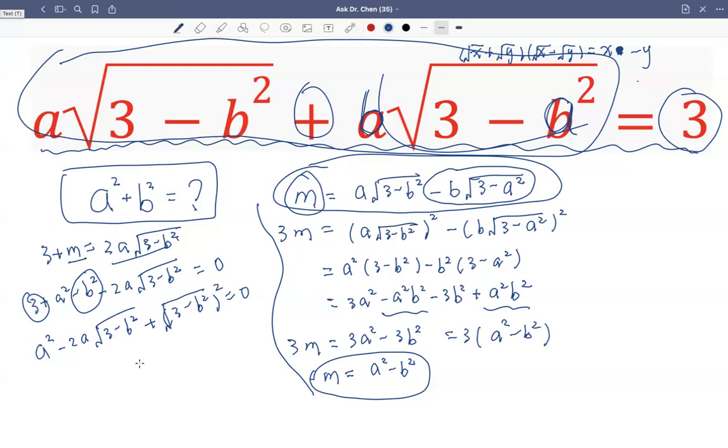So this is a perfect square. Because if we call square root of 3 minus b squared some n, you see this is a squared minus 2an plus n squared equals 0. So that's a perfect square. That's a minus n squared equals 0. And our n is square root of 3 minus b squared. Okay, that's beautiful. So let's just go ahead and do that.